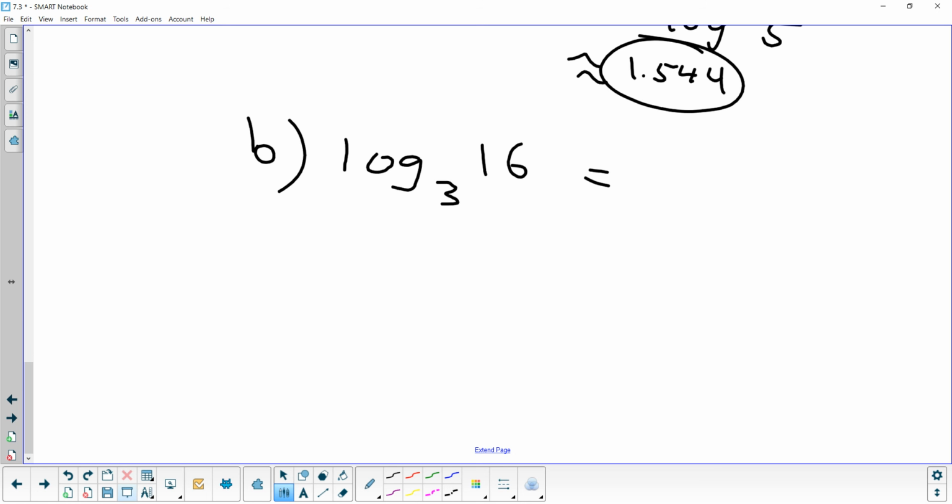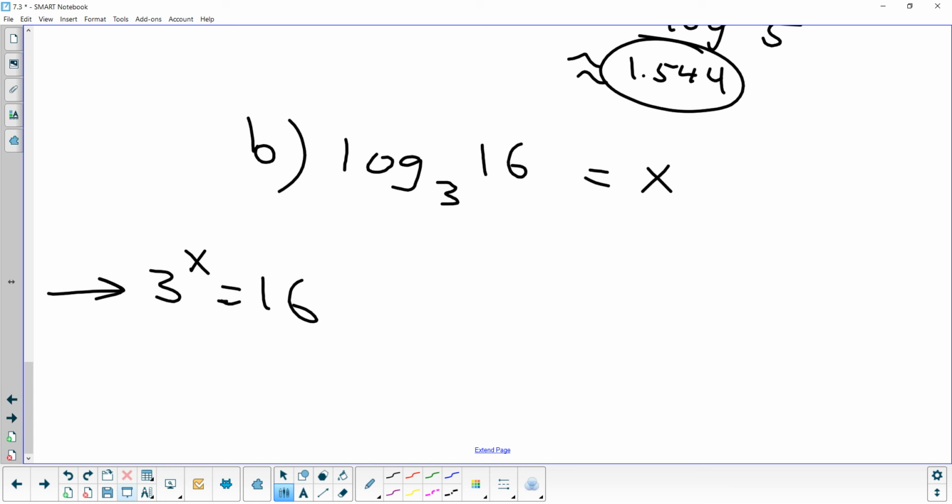Log base 3 of 16. Now, let's pretend for a second we don't know what it is. This is what you're really figuring out. 3 is my base. A logarithm always equals what kind of number? The exponent. And the argument ends up by itself on the other side.